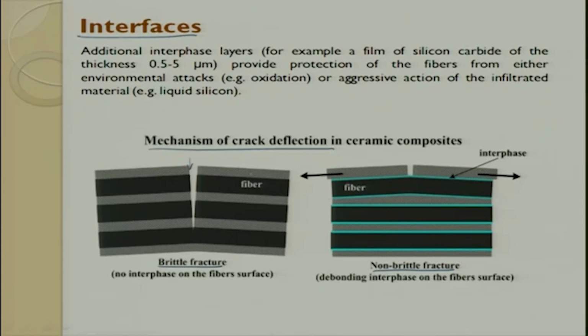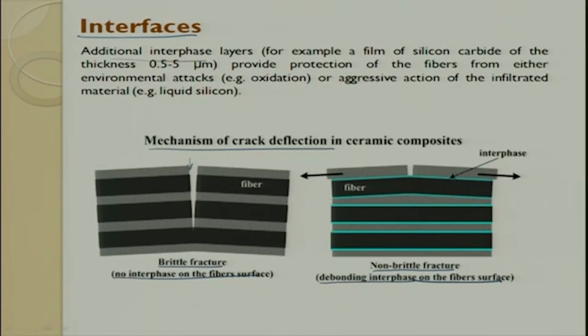Fiber break, these are the fibers, these are ceramic, it breaks. There is no interface on the fiber surfaces, so it just breaks like this, right. The next one is a non-brittle fracture, where there is debonding at the interface of the fiber and matrix. So the crack gets distributed. This interface distributes the crack, so it is going to withstand a higher amount of toughness.